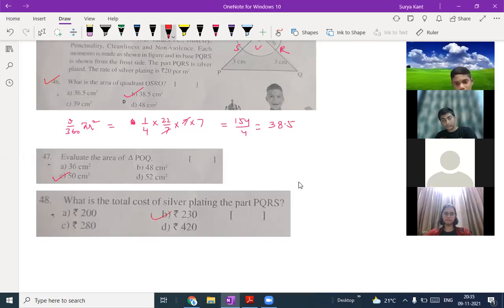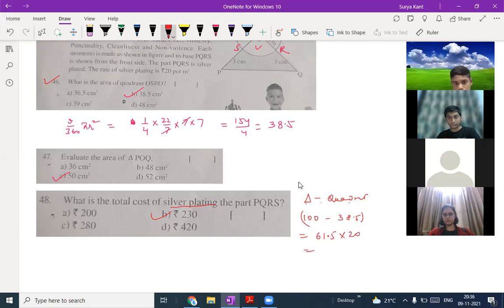How I did this. See, silver plating PQRS is this shaded part, right? So triangle minus quadrant you can do. Silver plating is nothing but triangle minus quadrant. So triangle area we got 100 and quadrant area we got 38.5. If you subtract, what will we get? 100 minus 40 is 60. So 61.5 you are getting, right? 61.5 into 20.